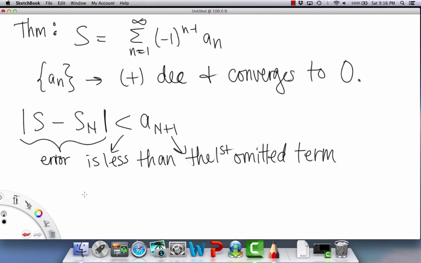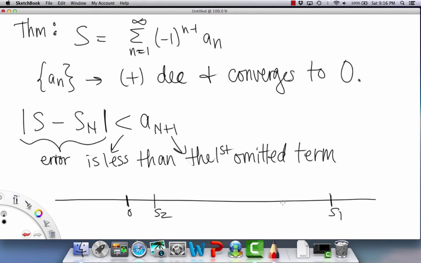A depiction of this would look like this, so we can visualize it a little bit better. Let's say we have our 0 and then S1. I've done this a couple times already. And then we have S4, S5.